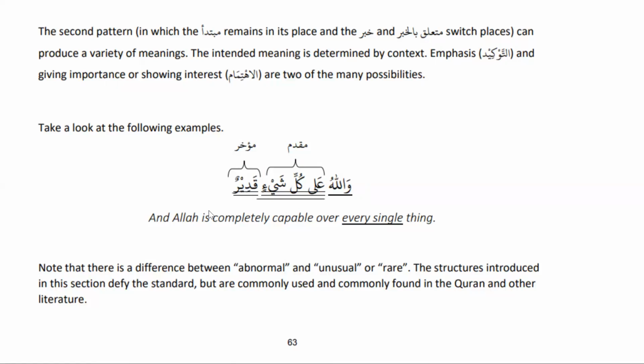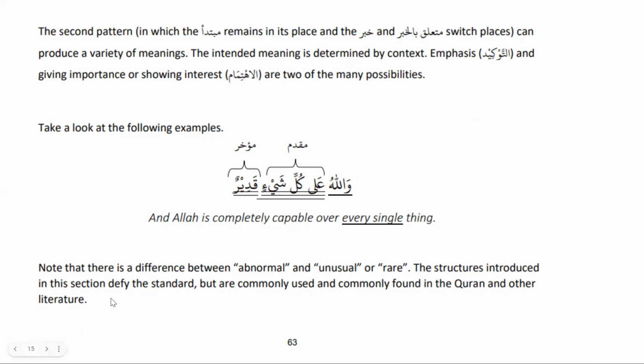So every single thing, kulli shayin, every single thing. This single is coming with this emphasis over everything. Okay. If we go word by word, ala kulli shayin, everything, every single thing.